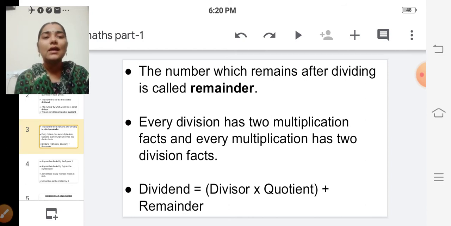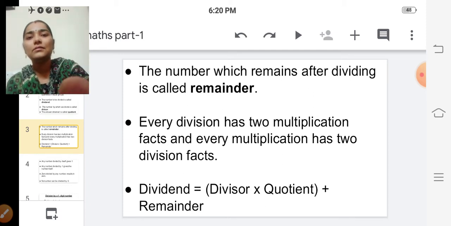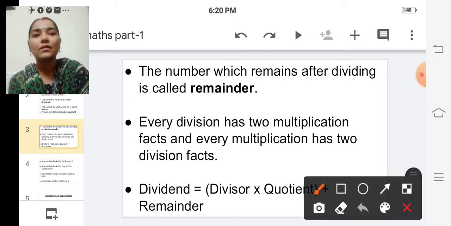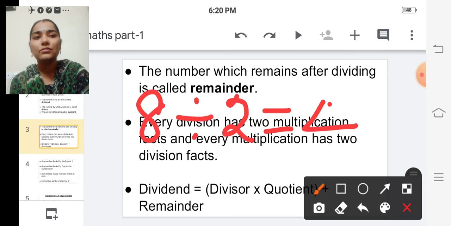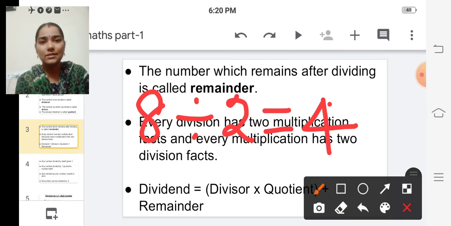Next one: every division has 2 multiplication facts and every multiplication has 2 division facts. See here, 8 divided by 2 is equal to 4. Just now we have got this.